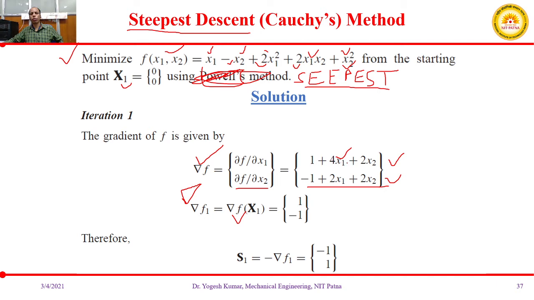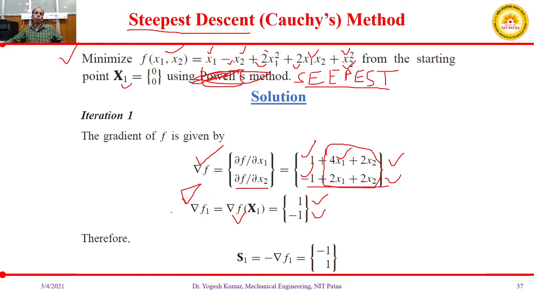So x1 is 0 as well as x2 is 0, so all these terms will be eliminated, and this will become 1, minus 1. This is how we have calculated the value of the gradient at point x1, the starting point.